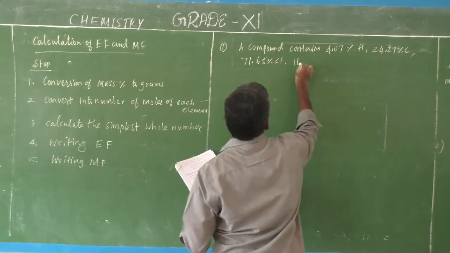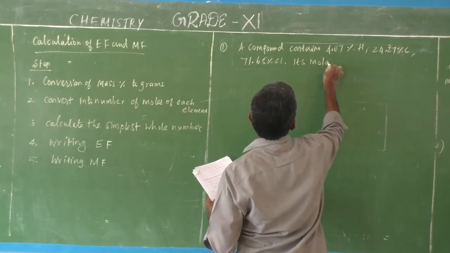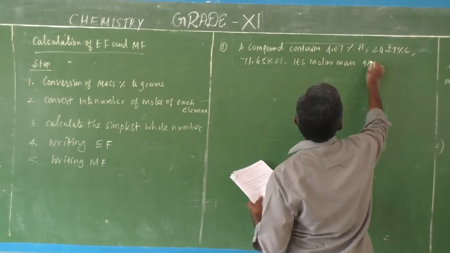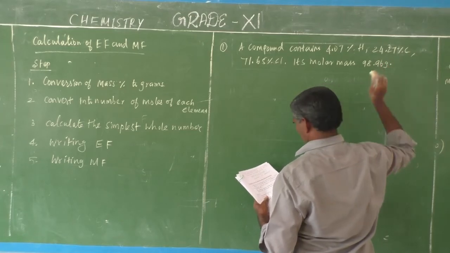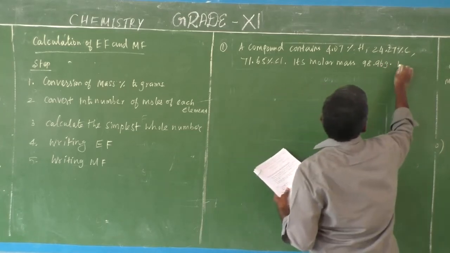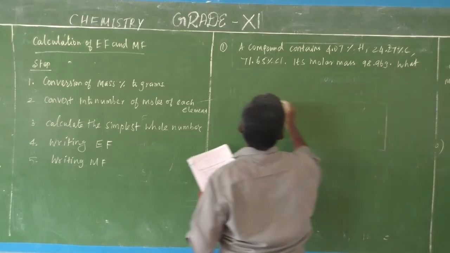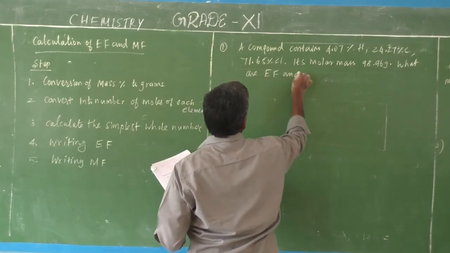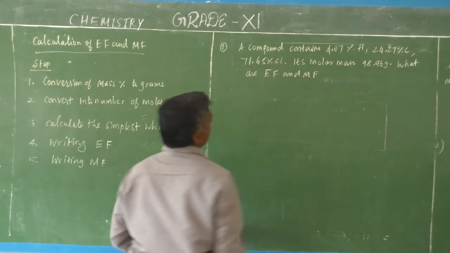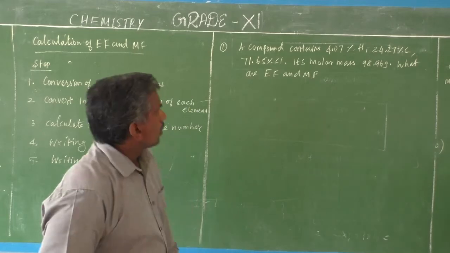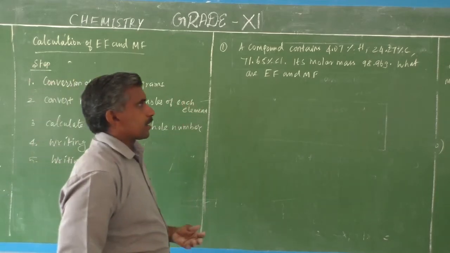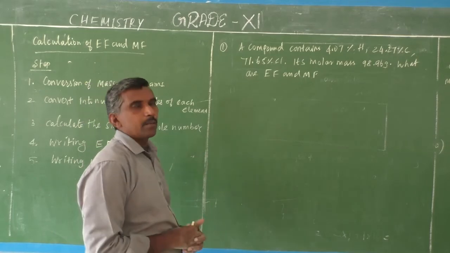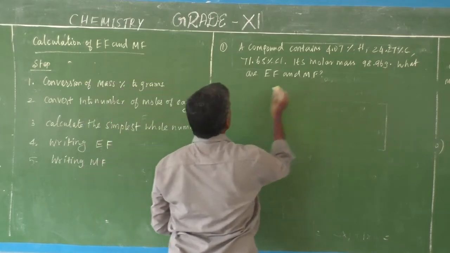Its molar mass is 98.96 gram. What are the empirical formula and molecular formula? This is the question. The percentage composition of the compound is given, and the molecular mass is given.